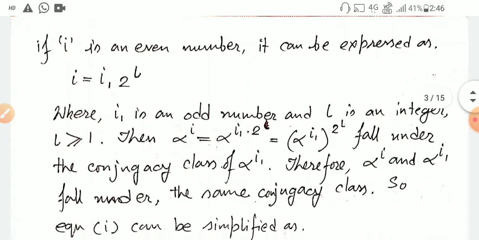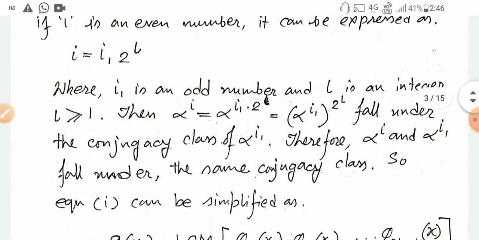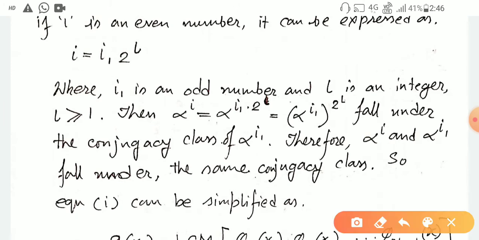If i is an even number, it can be expressed as i equal to i1 times 2 to the power of l, where i1 is an odd number and l is an integer greater than or equal to 1.